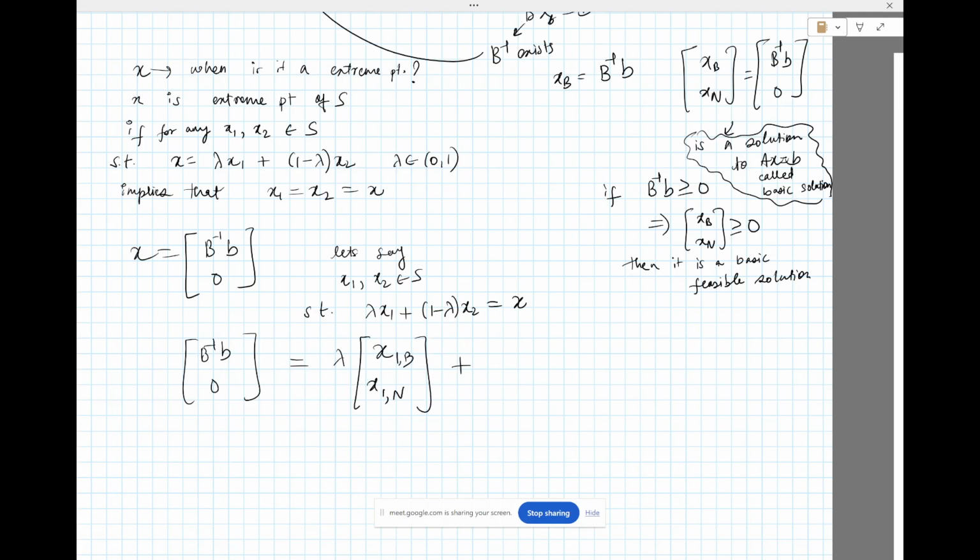So this x1 again I can split into the basic part and non-basic part, and 1 − λ times [x2B; x2N].